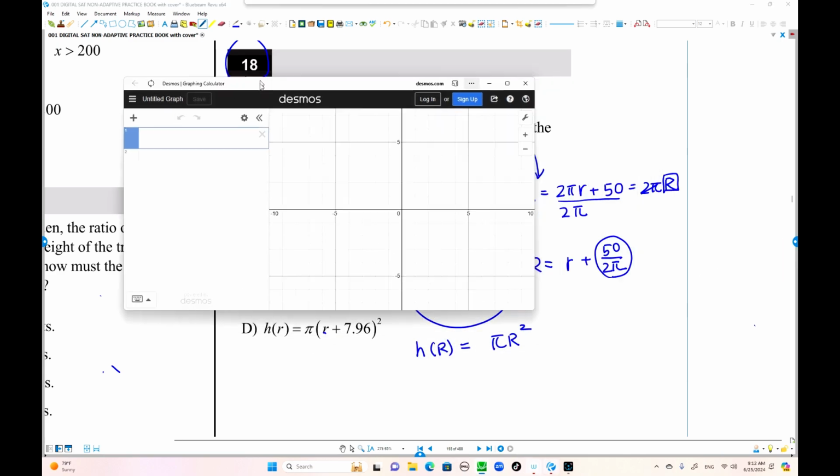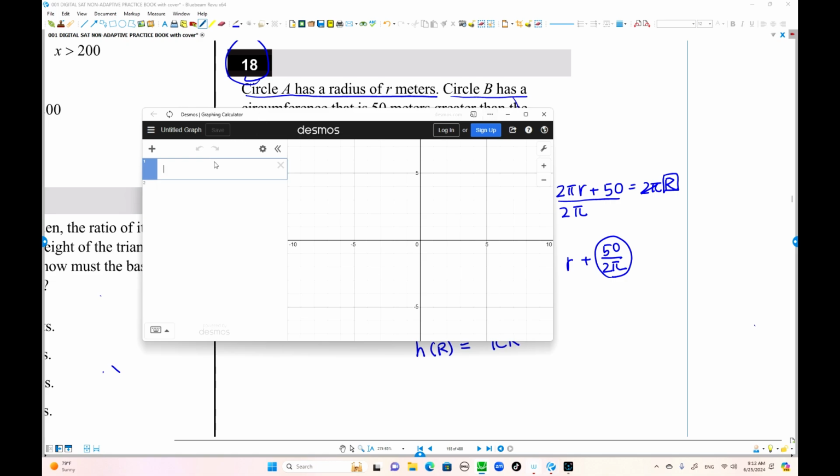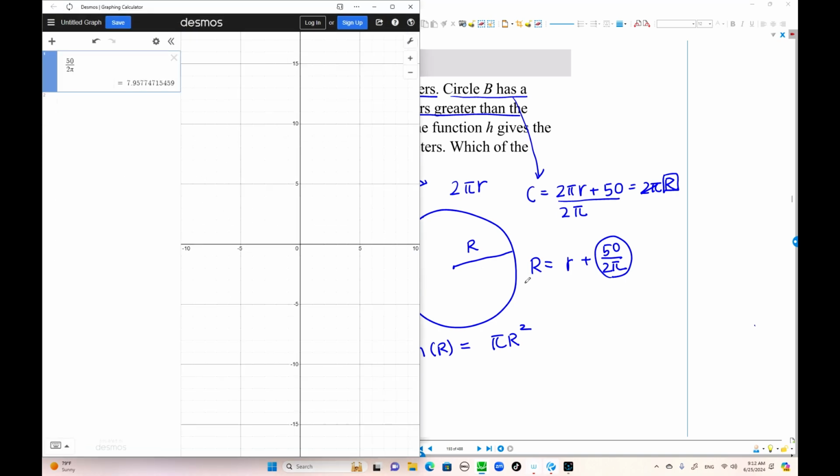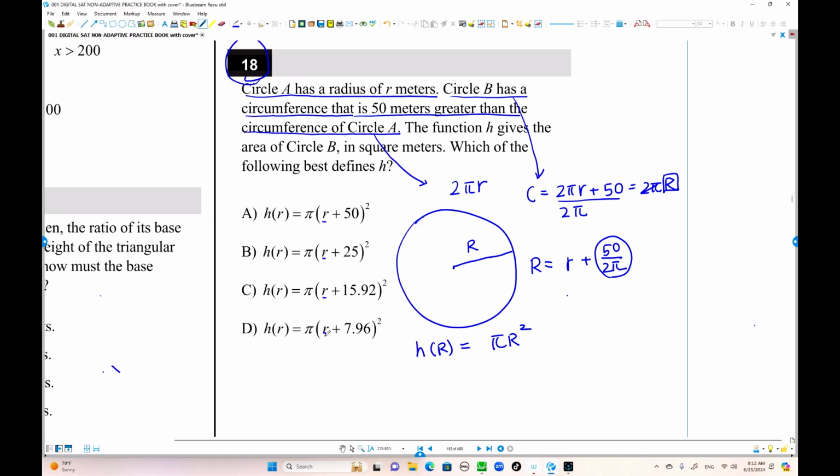Take a look over here. 50 over 2 pi, okay? That is equal to 7.95 or 96. 7.96 is better, okay? Here we go. 7.96, okay?